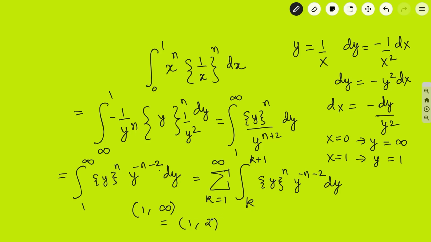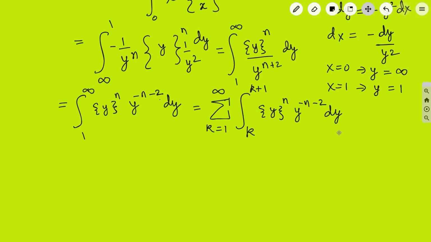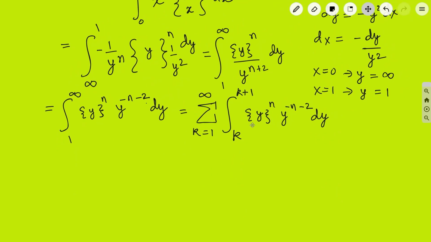I'm going to break this domain 1 to infinite into these smaller subintervals, and so you can split the integral as a summation. Now, why did I do this? This makes the computation much simpler because I can do something about this fractional part.